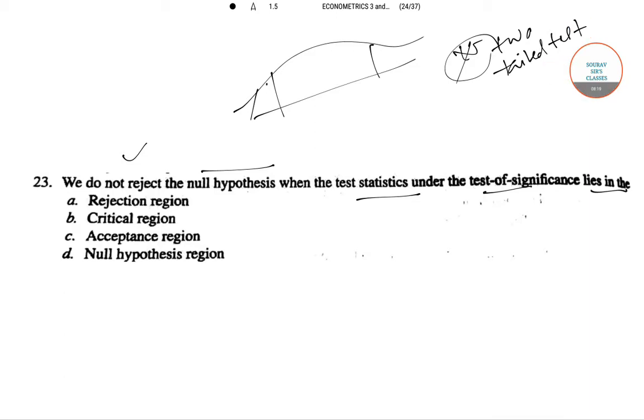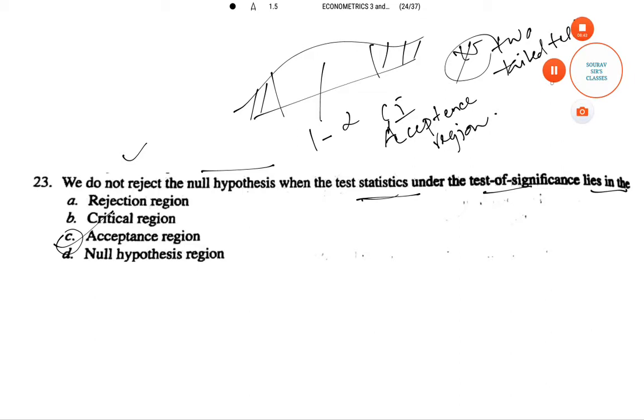Therefore, if these two are the critical regions, then this is the confidence interval or the acceptance region. And we do not reject the null hypothesis when the t-statistic falls in the acceptance region. So the 23rd answer, C, is the correct answer.